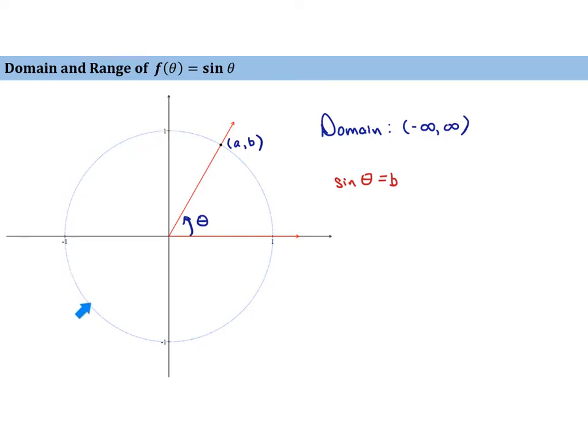The lowest B can be is negative 1. This is the lowest y value of the circle. Here B is 0, and B is increasing to be 1 here. So B is always between negative 1 and 1 inclusive. Therefore, the range of the sine function is negative 1 to 1.